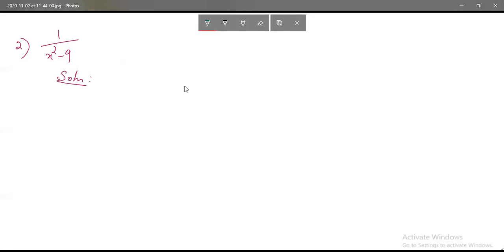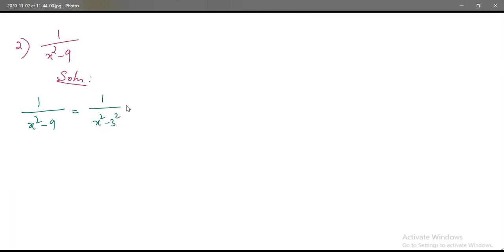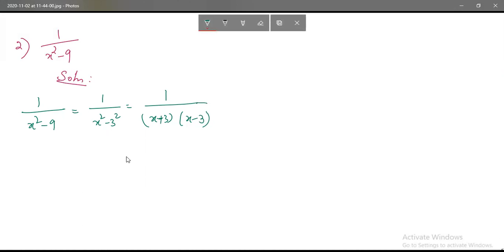Here you can write it as x square minus 9, which can be written as x square minus 3 square, so 1 by x square minus 3 square, which can be written as x plus 3 into x minus 3, anyways. So that is it. You got it as this.